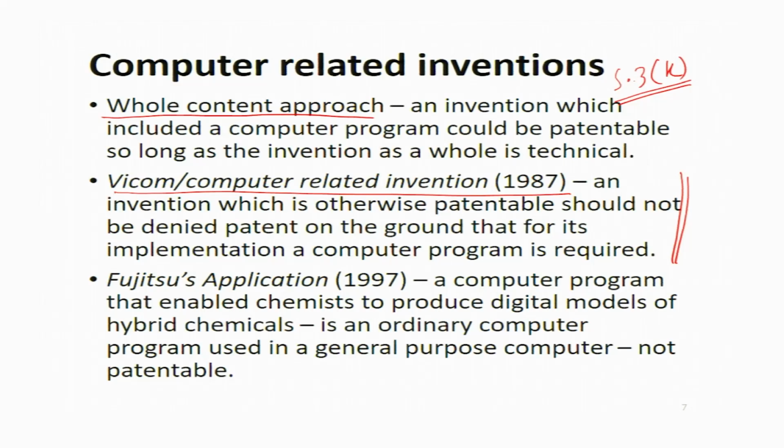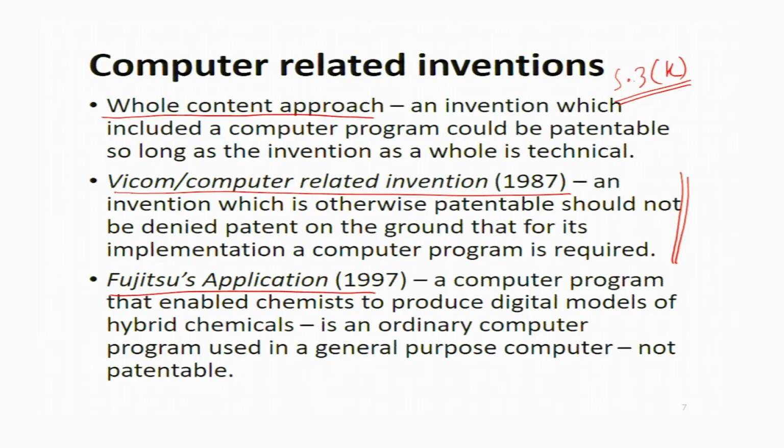There is another case of 1997 called Fujitsu's application. This is a case in which somebody developed a computer program that helped chemists to produce digital models of hybrid chemicals. Now, it is possible to make three-dimensional models of compounds. Scientists do it when they present things in exhibitions.